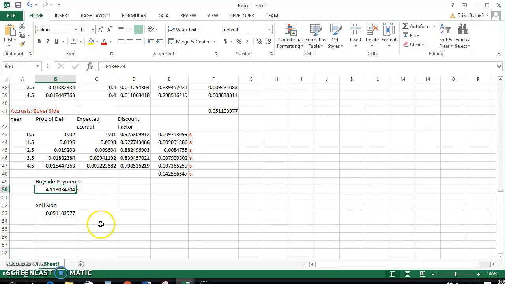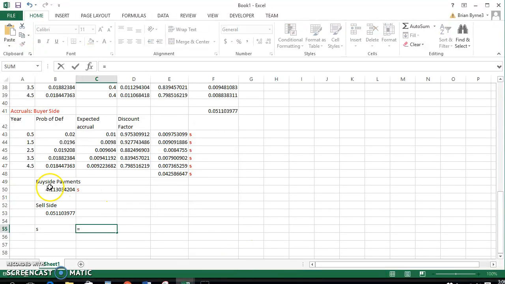So what's the value of S? The value of S is just S is equal to 0.05 divided by 4.11.